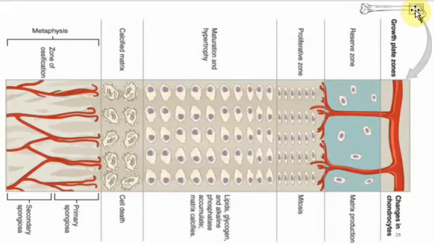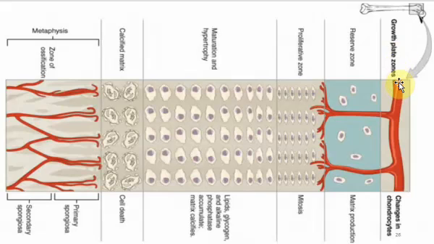It is within the metaphysis that we have the epiphyseal plate, which is responsible for bone growth. If you cut off a small portion of the bone in the epiphyseal plate and enlarge it, you end up with this drawing, which shows the various zones of the epiphyseal plate where growth of bones occurs.